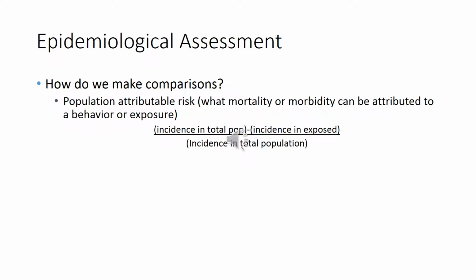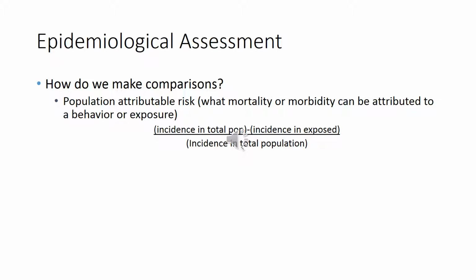One of the ways we make comparisons in an epidemiological assessment is population attributable risk, which tells us what mortality or morbidity can be attributed to a behavior or an exposure. And for that, we look at the incidence of the disease in the total population minus the incidence in the exposed population over the incidence in the total population.